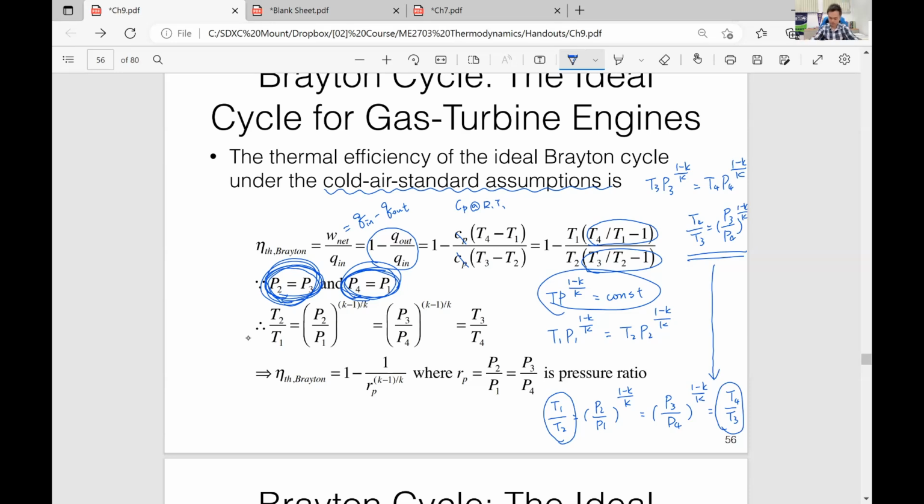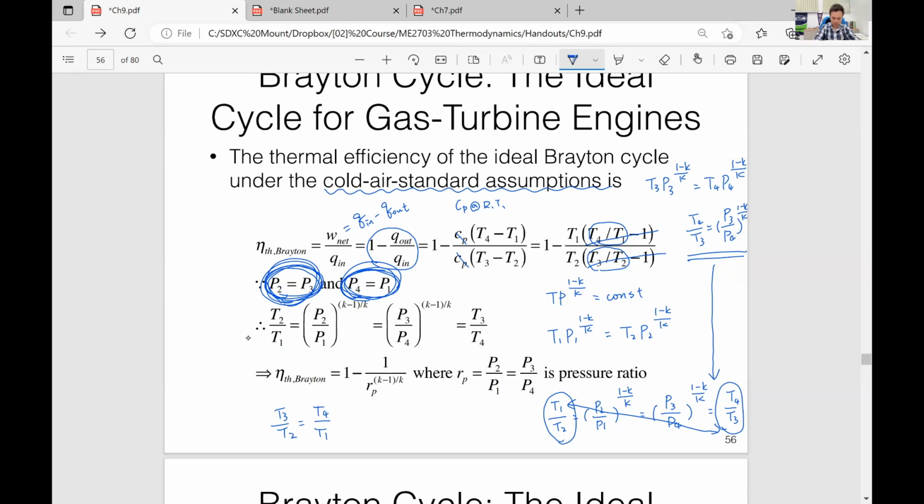Then if we switch T1 and T3, you would have T3 over T2, this is T2, and this is T4 over T1. So just like the Otto cycle, you realize that T4 over T1 is the same as T3 over T2, so you can cancel this.